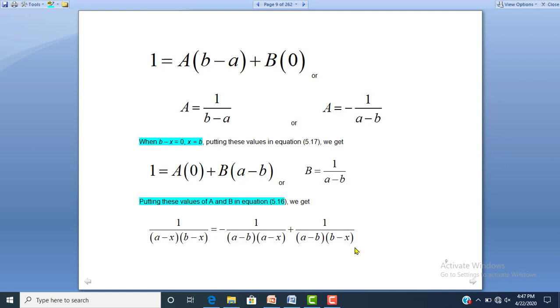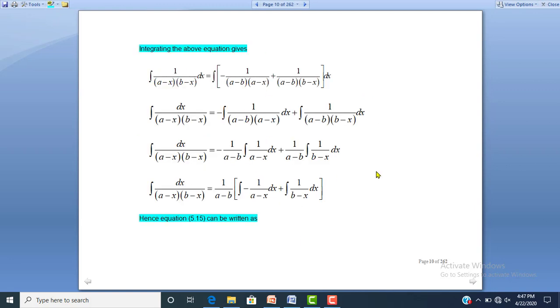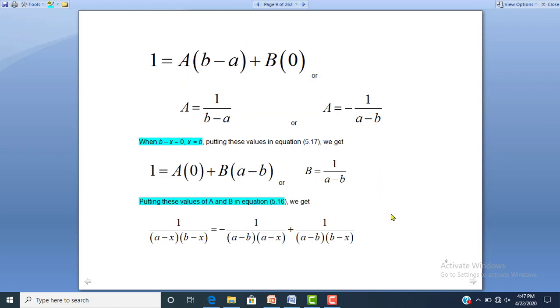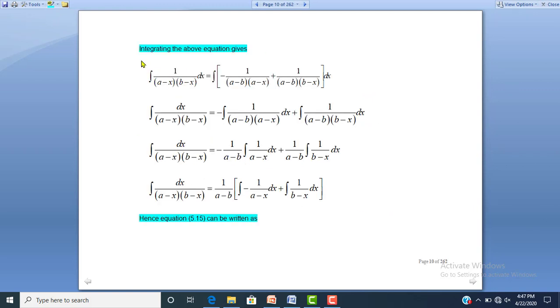Dear students, the basic purpose of this topic is to understand or to derive the value of rate constant K. So for the determination of rate constant, what we will do next is integrate the above equation.